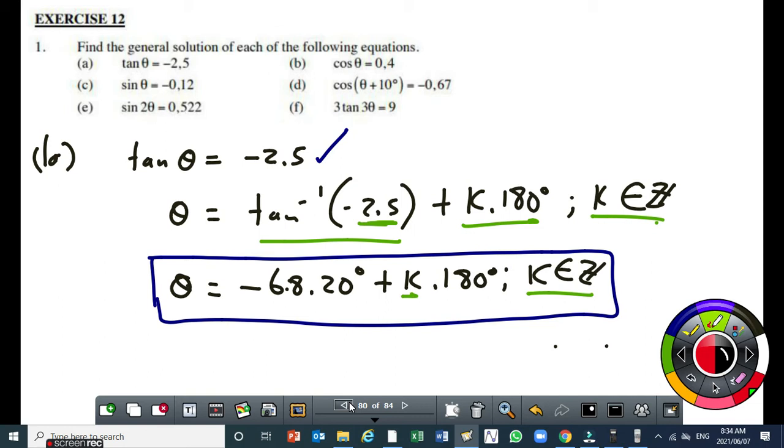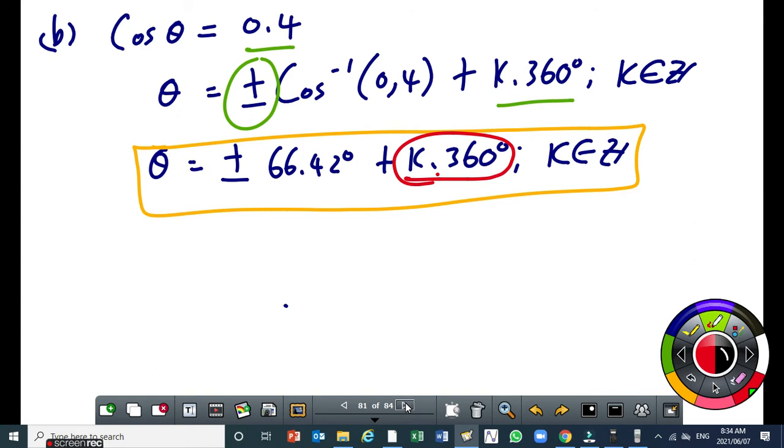That formula is called the general solution. Later, when you start substituting k equal to 0, k equal to -1, k equal to 1, that's when you find exact values of theta. Here we are just finding a formula that we can use to determine all the possible solutions.